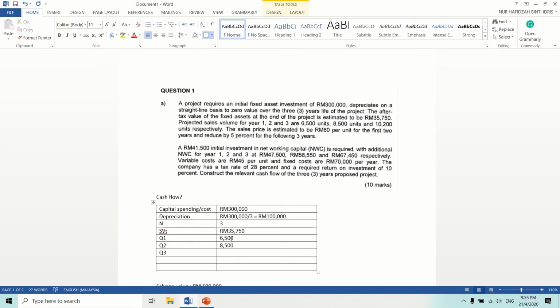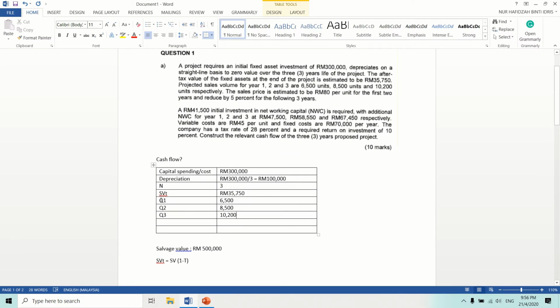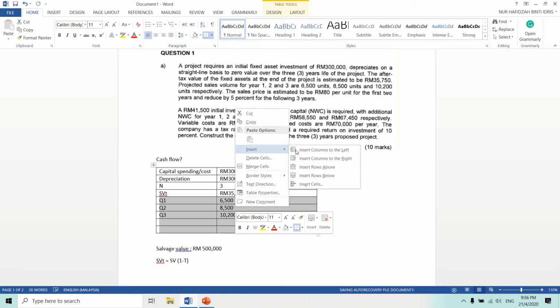Year 3 will produce 10,200. The sales price is estimated to be 80 ringgit per unit for the first 2 years and then reduced by 5%. So that information belongs to the price.